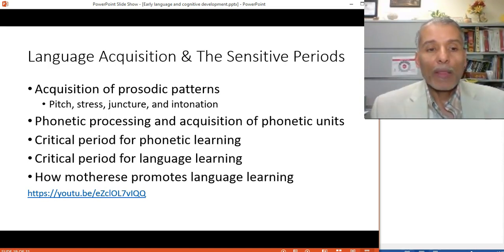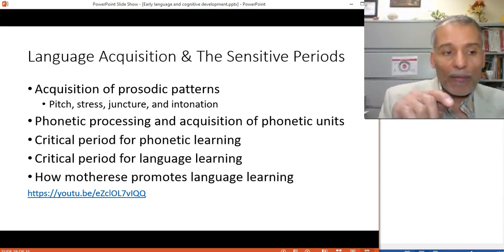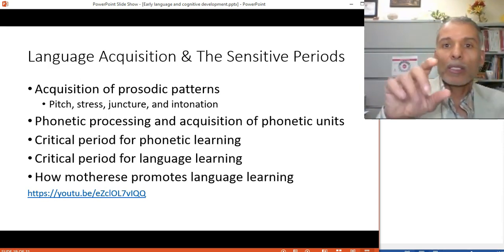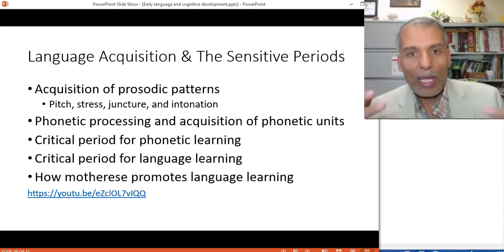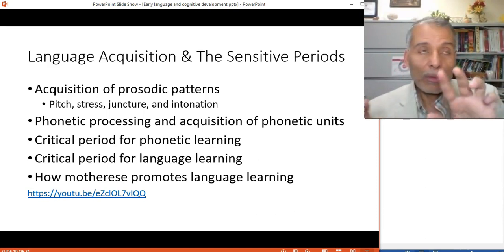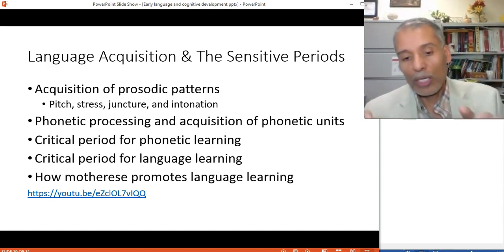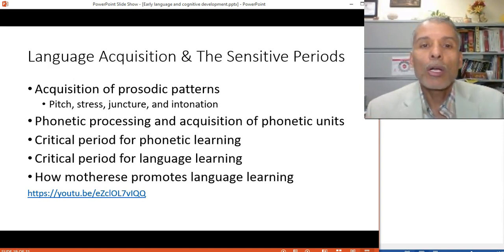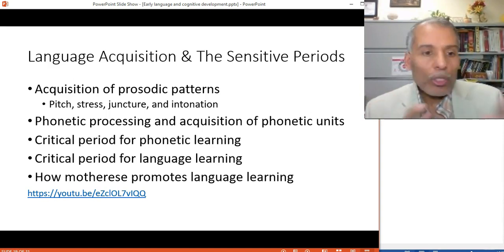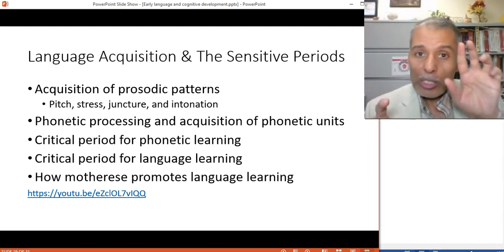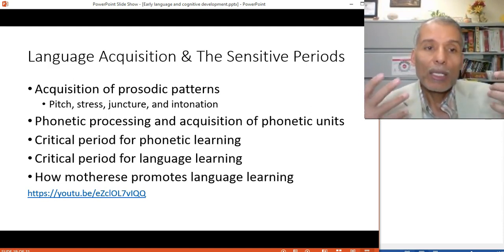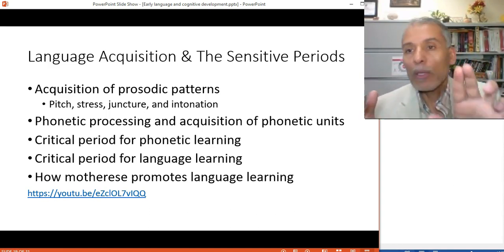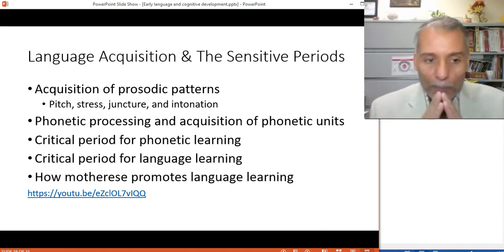And then between 7 months and 11 months, there's a window in time where if you give the child sounds from other languages and ask them to distinguish, for example, have a Japanese or a Chinese child hear l and r, when their native language doesn't have a difference, if you have them hear these two sounds, they will see them as two separate sounds. Whereas an adult cannot do that. They will just see both of them as one single sound.